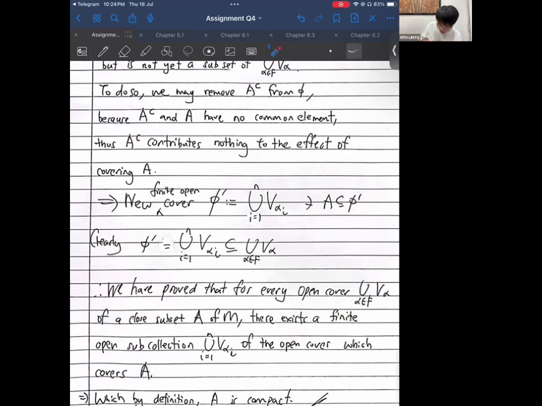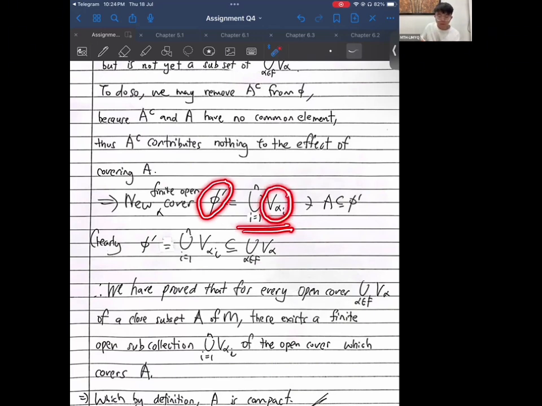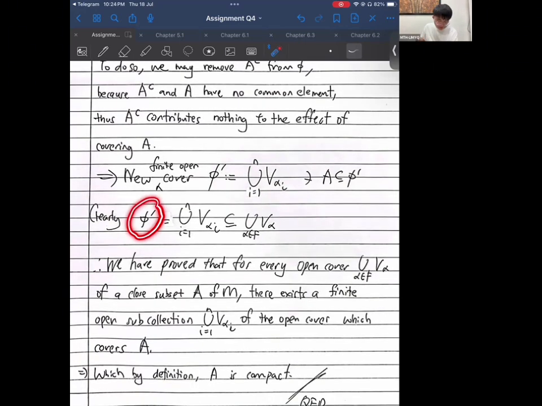So now we can define a new set by removing the A complement, which leaves just the finite union of the V alpha. Here we use alpha i to denote alpha 1, alpha 2, up to alpha n. Now this is already a subset of the original open cover, because alpha can be anything from the F family.